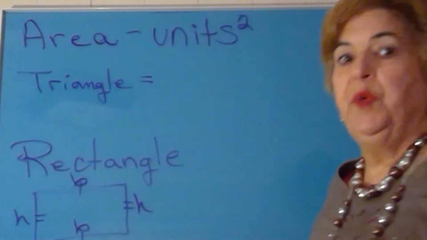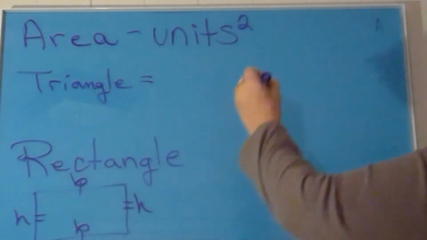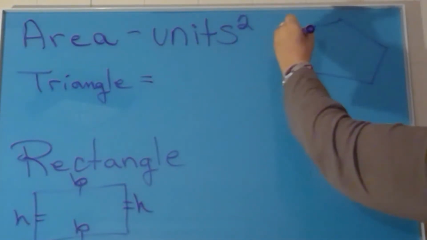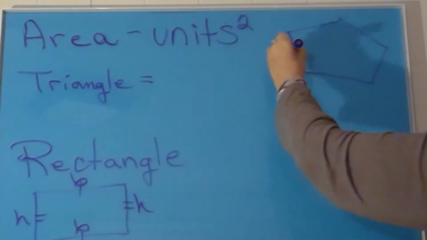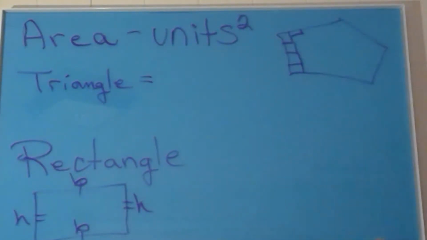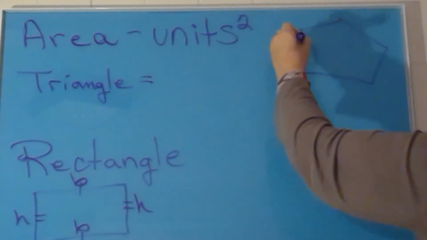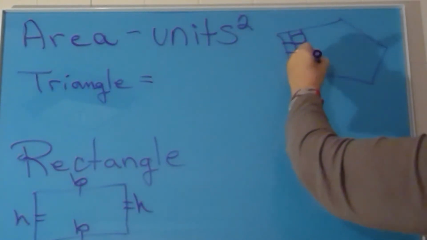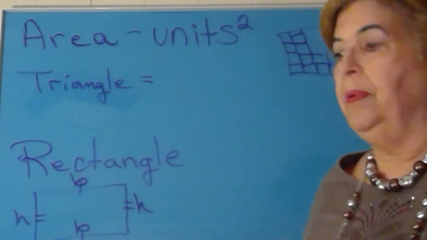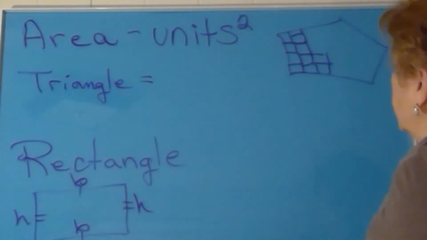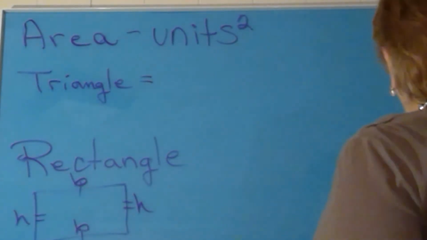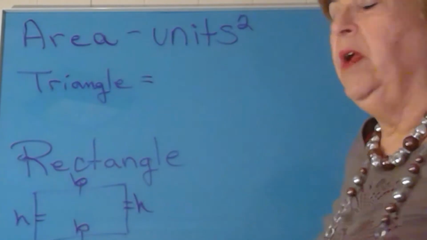Okay, what you're really looking for with area, no matter what your shape is, you are filling it up with squares. And sometimes you might have something that's not quite a square, but it's part of a square. So you figure out how many squares it will take to fill up the figure. So that's why it's in square units. And that's what we're looking for when we find area.